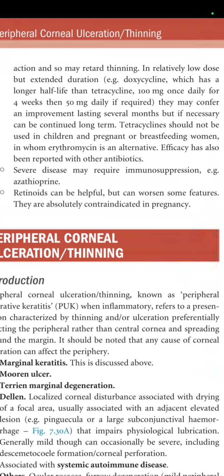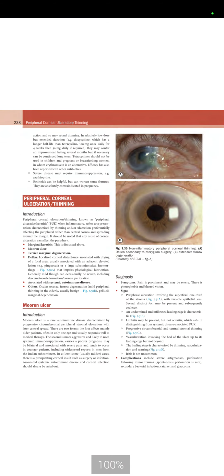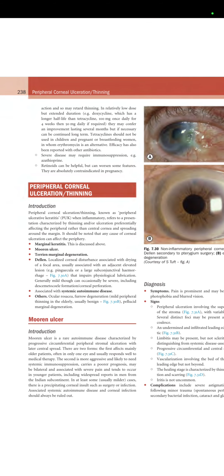So whenever there is a case of breastfeeding women, children, or pregnant women, we give erythromycin. Efficacy has also been reported with other antibiotics. Severe disease may require immunosuppression, for example, azathioprine. Retinoids can be helpful but can worsen some features. They are absolutely contraindicated in pregnancy. So that's it for the cornea part 12. Thank you very much.